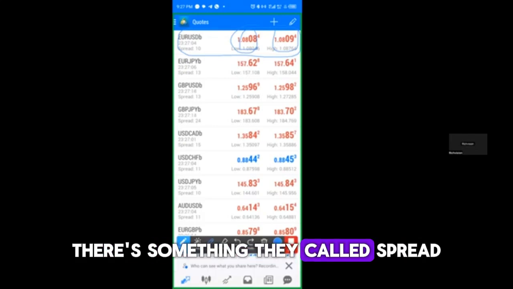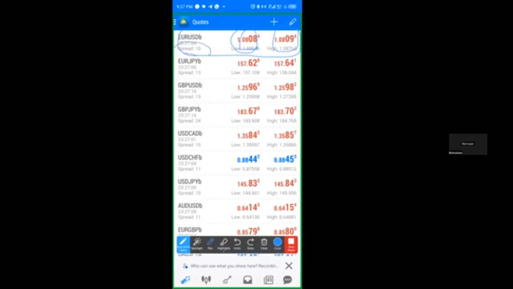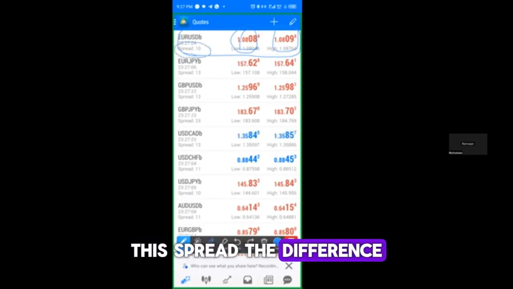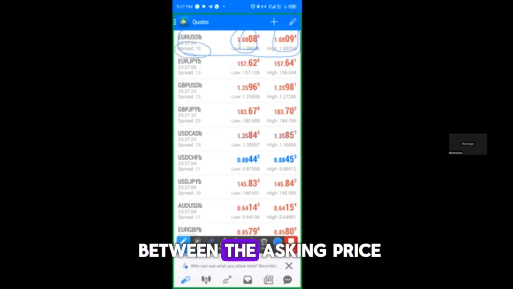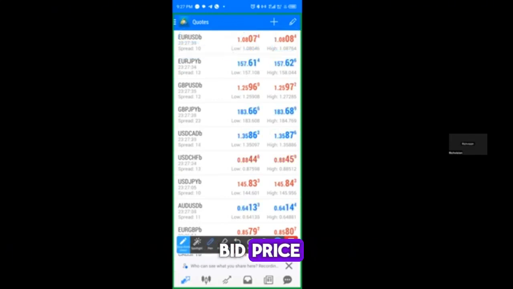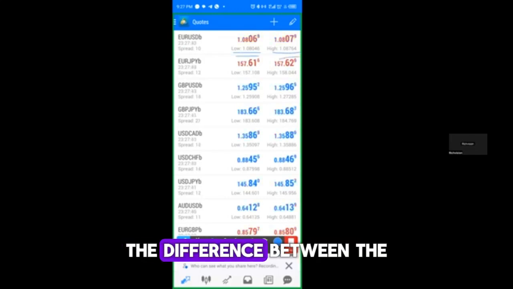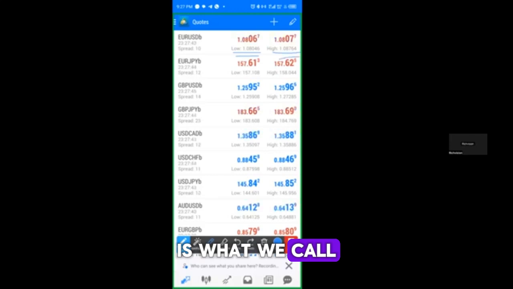You can see the spread. This is very powerful. The difference between the bid price and the selling price, the difference between the two of them is what we call the spread.